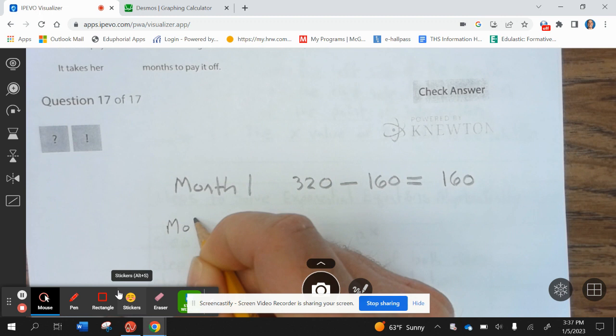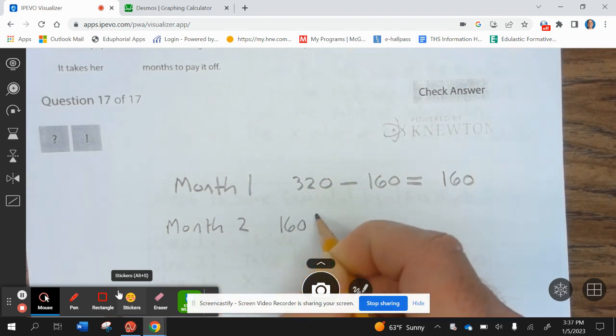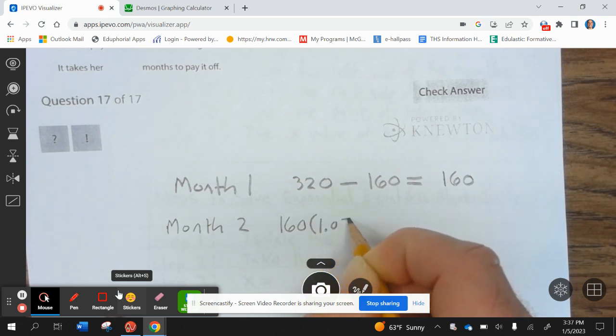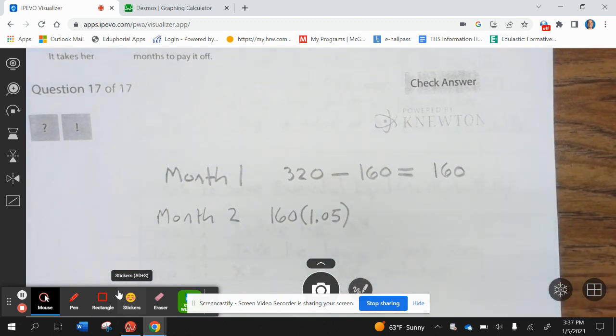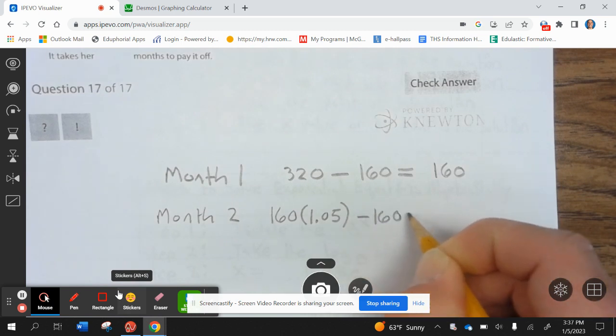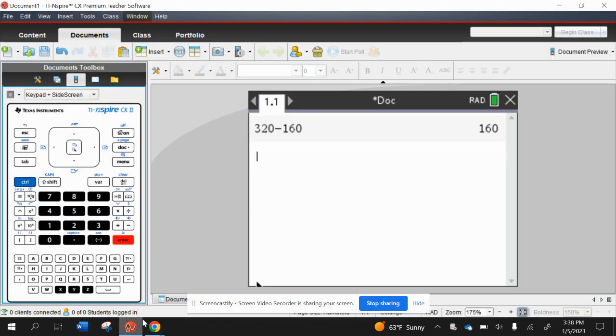So month 2, we need to take 160, multiply it by 1.05, because that's your interest portion, and then minus 160 from that. So let's use our calculator. 160 times 1.05 minus 160 is $8.